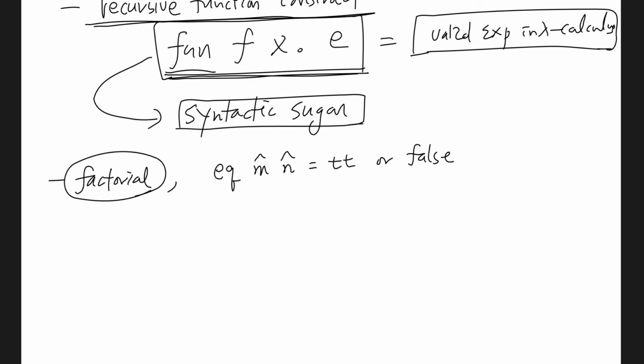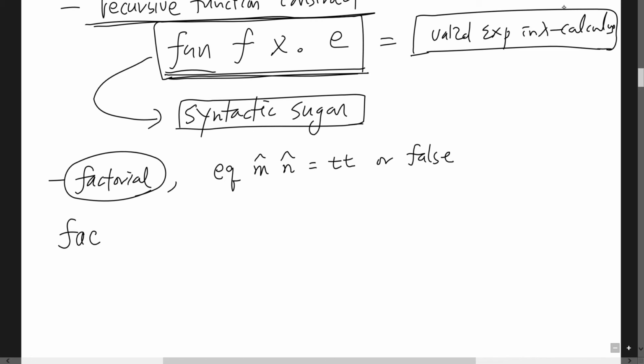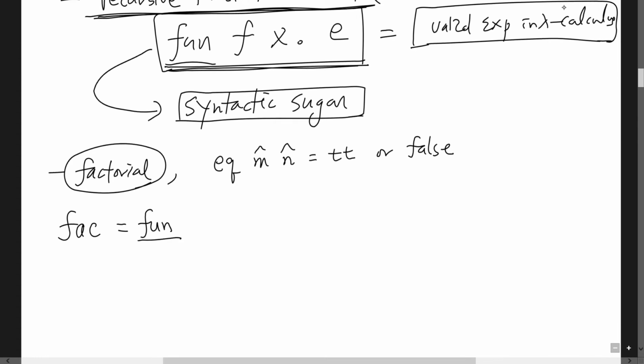So let's write it as a factorial function. Let's first define this function using the recursive function construct. We would implement it as function f n: if equality n 0, then this is the case where n is equal to 0, so you return 0 factorial, which is 1.